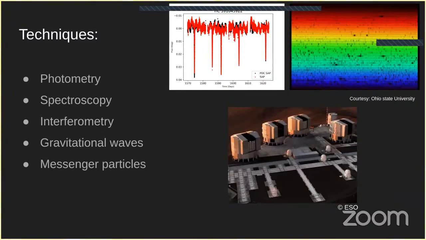So they form waves in the space-time curvature, which then propagates in all directions. So when it hits Earth, we can now measure these small differences in the space-time curvature, and then we can estimate the masses of the black holes that merged into one single black hole. Messenger particles are the third topic, which I will cover later.